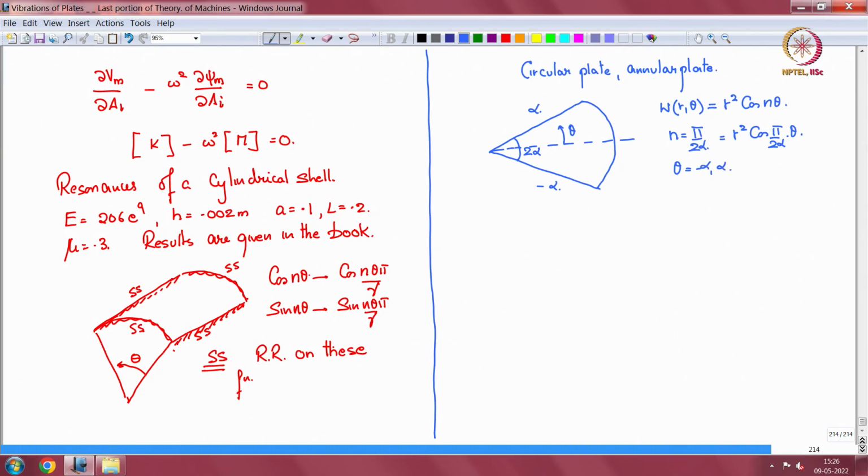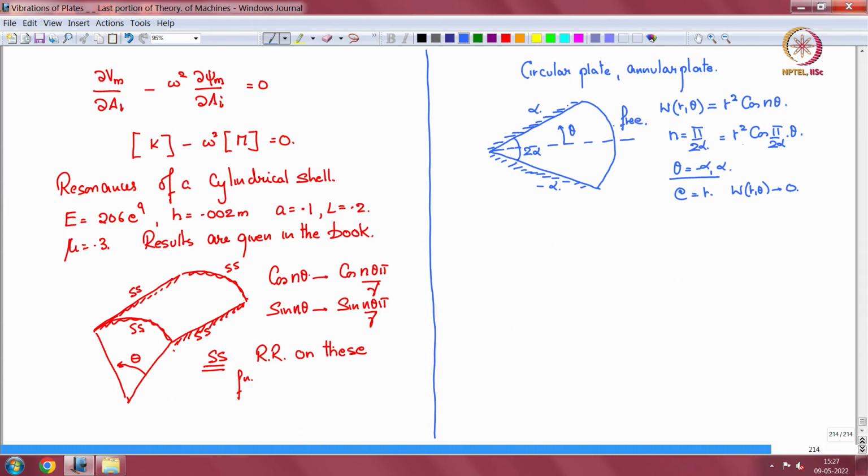Okay. Now at theta equal to plus minus alpha and at r equal to 0, this function w of r comma theta goes to 0. Okay. So this is like a supported sector of a plate, and this is free over here.